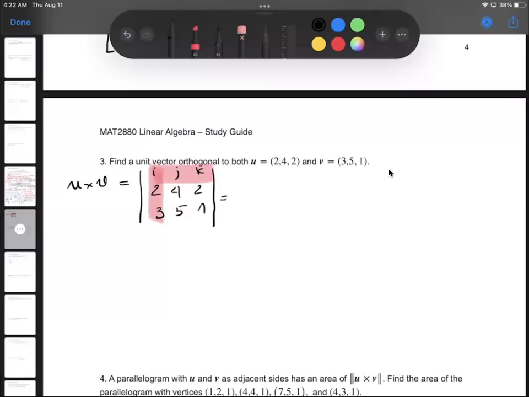Something not right. Oh no, I don't know why.